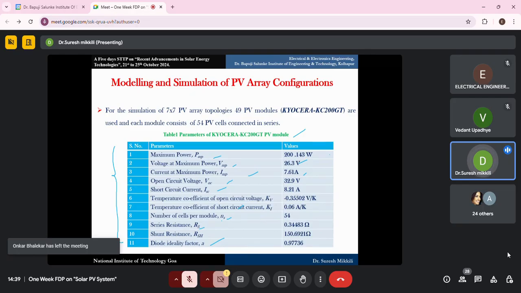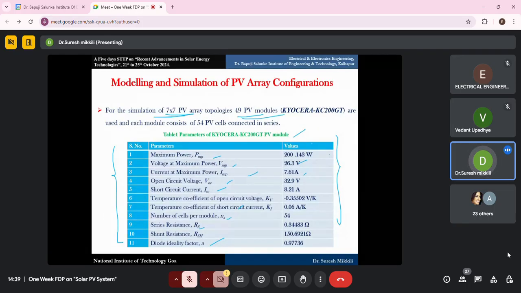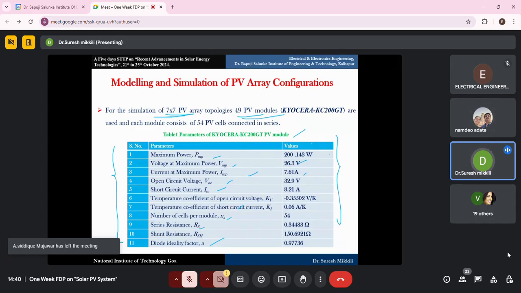Now what I have taken for simulation is a 7x7 PV array, that means 49 modules. 49 into approximately 200, or 200.143, so what is the capacity? 200.143 into 49 panels is approximately 9,800. So I have designed for approximately 10 kilowatt, 9,800.